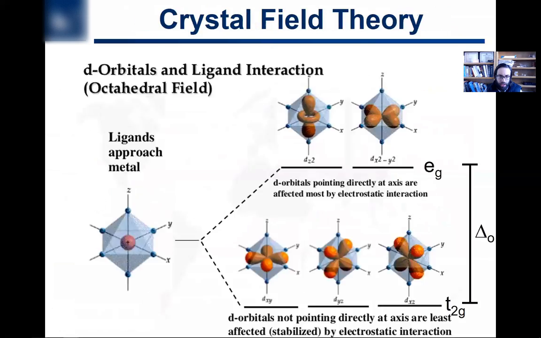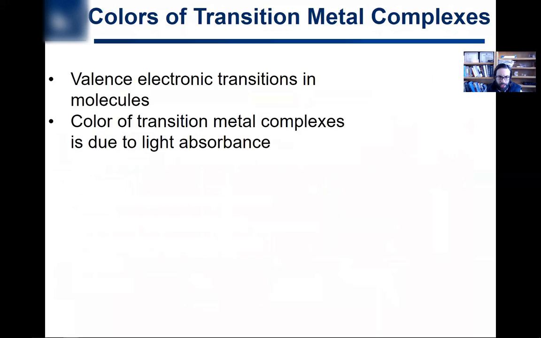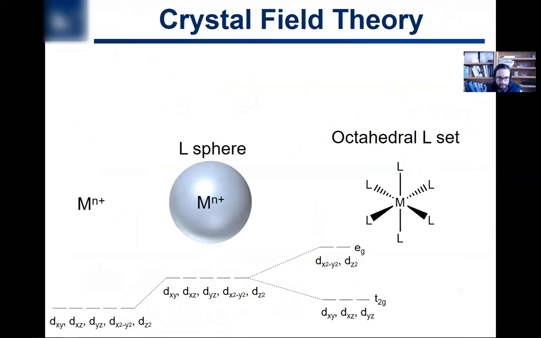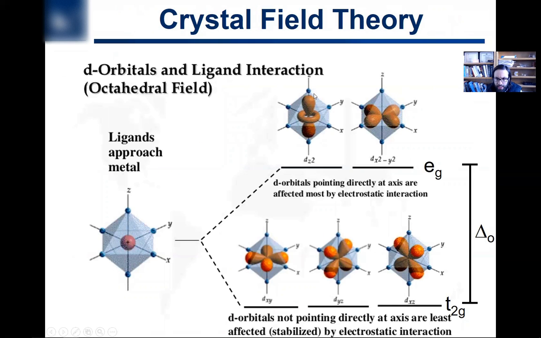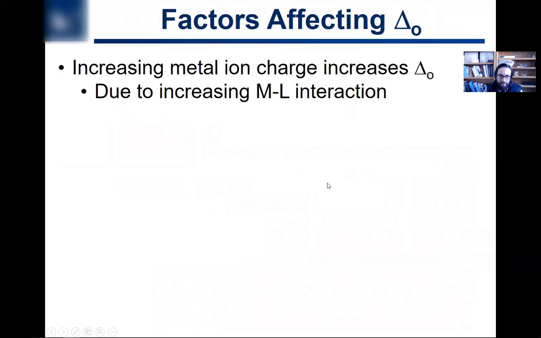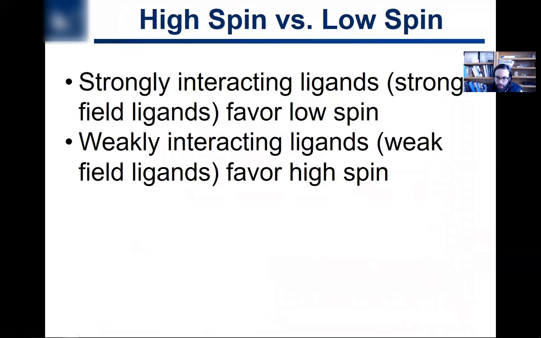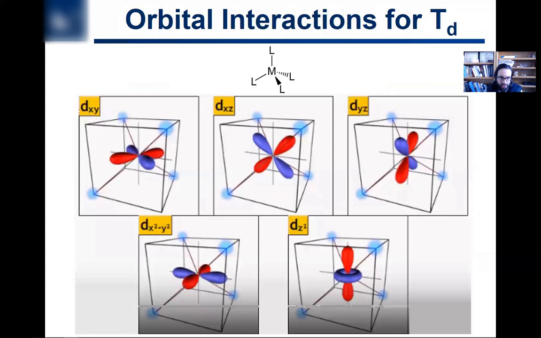If you remember for octahedral, the eg's, for dx squared minus y squared and dz squared, you had lobes directly pointing at the ligands. That was really highly unfavorable, so it really pushed up these eg's. It's not as severe for tetrahedral, but it is there. There is a difference.